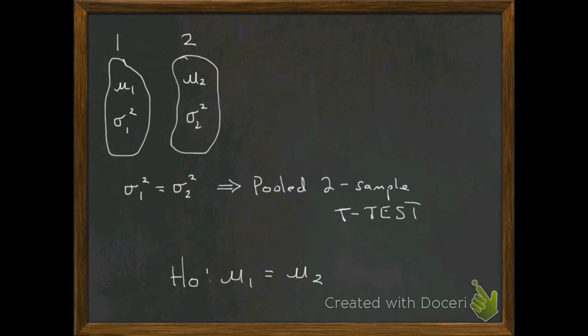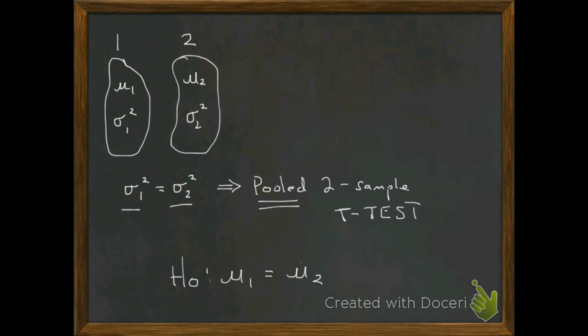We assume the population variances are equal, and under that condition it is safe and appropriate to use a pooled two-sample t-test. The null hypothesis would be that mu1 is equal to mu2, which is the same thing as testing that the difference in the means, mu1 minus mu2, is equal to 0.